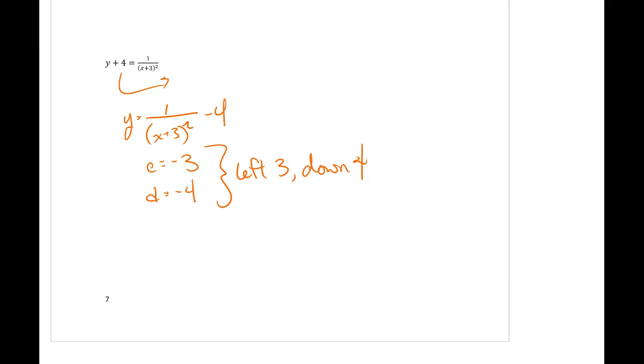What does that mean for my asymptotes? Well, going back to that mapping notation, because I really like how it cleans everything up and makes it very clear about all our coordinates and really explains the relationship. So instead of x and y, we're going to have x minus 3 and y minus 4.